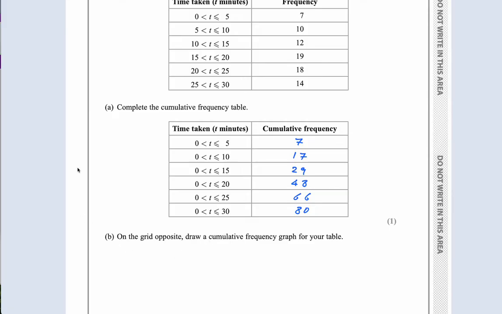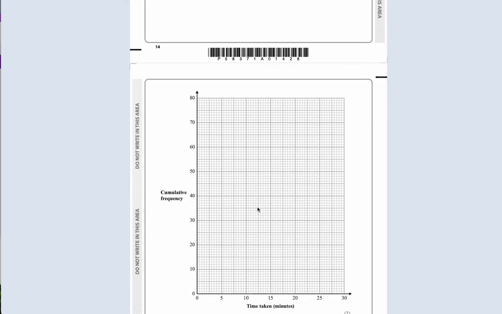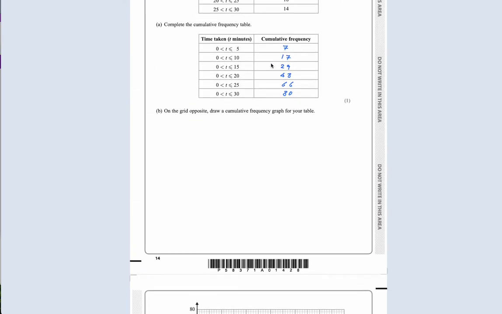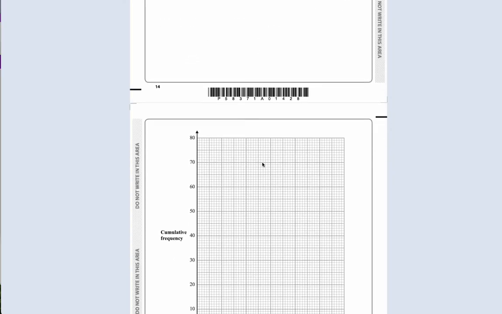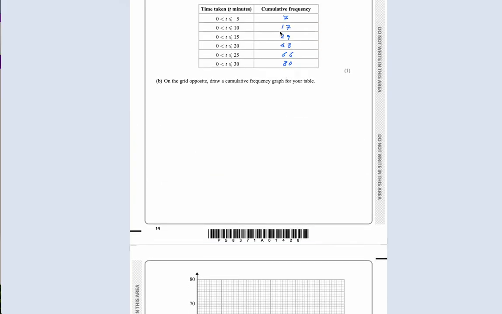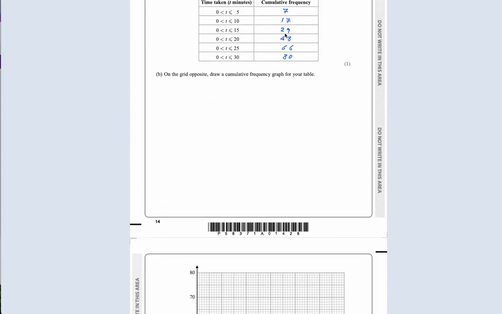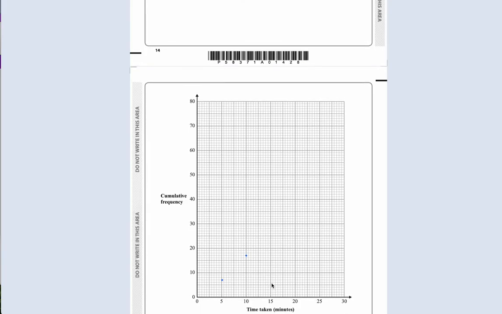Then it says on the grid, draw a cumulative frequency graph for your table, right? So what we're going to do, guys, is we're going to draw a point at 5, 7. So 5, 7 is there. We're going to draw another one at 10, 17. Try to be as accurate as possible. 15, 29.